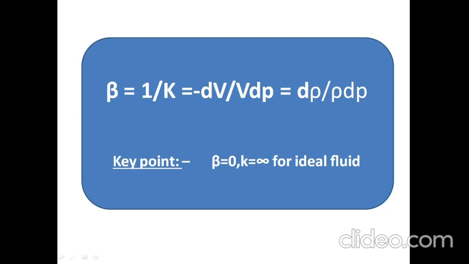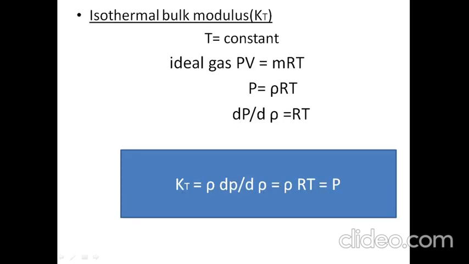Compressibility is equal to 1 upon bulk modulus, which is equal to minus dV upon V dP, which is equal to d rho upon rho dP. The key point is beta is equal to 0 and K is equal to infinite for ideal fluid, because ideal fluid is incompressible in nature.